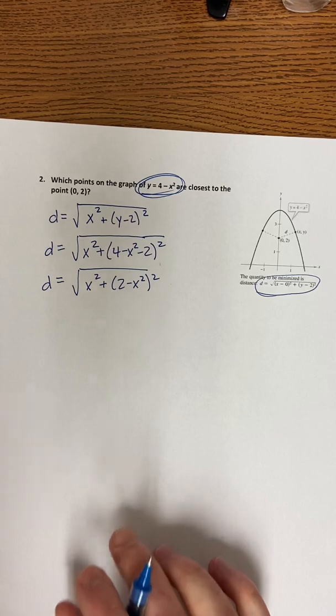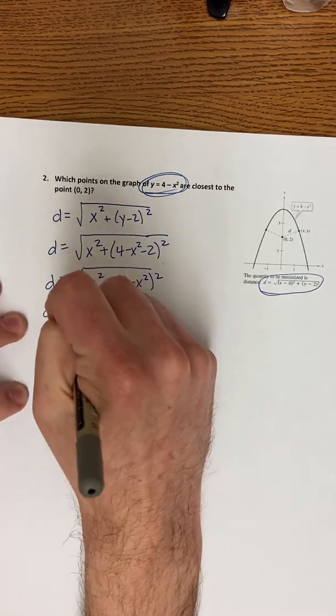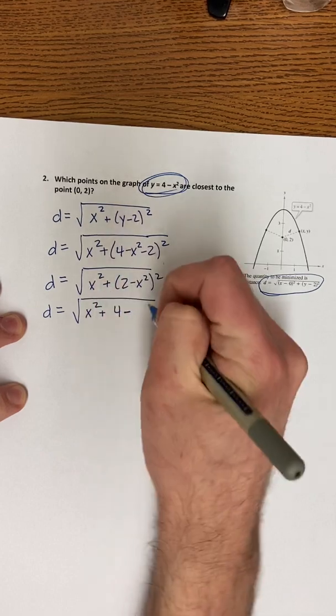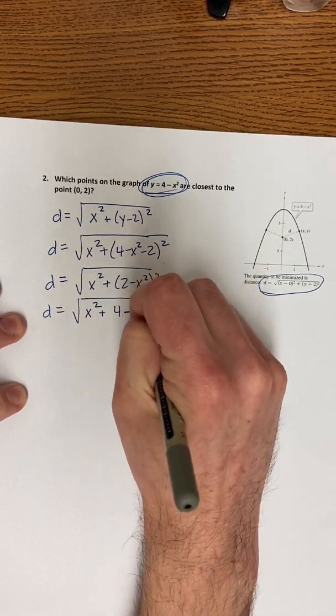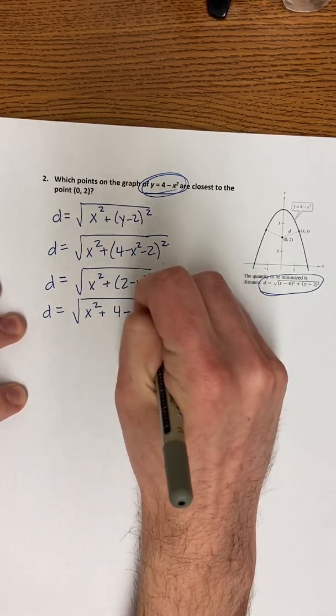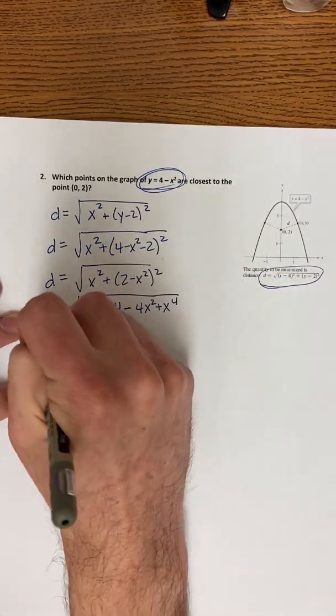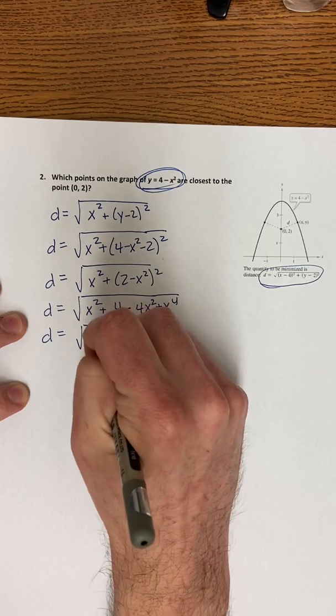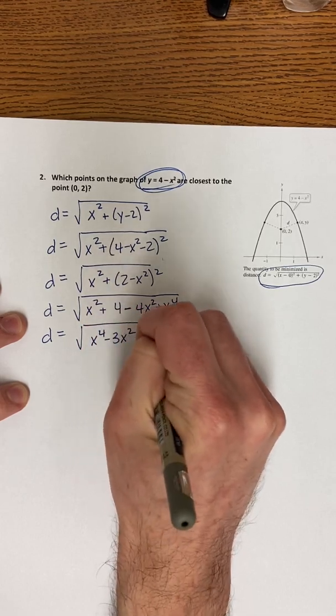And from there, I could clean this up by expanding. This is x squared plus 4 minus 4x squared plus x to the 4th, which means I would have the square root of x to the 4th minus 3x squared plus 4.